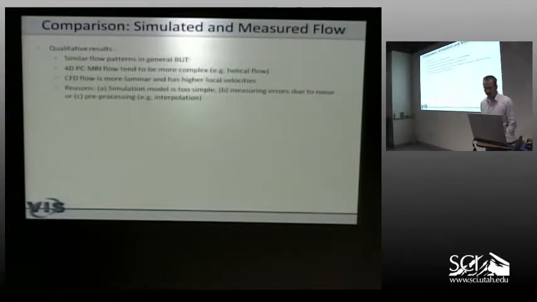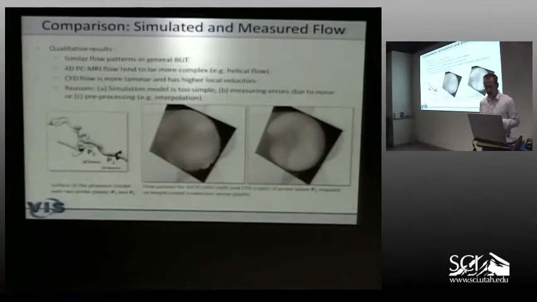That was a good situation, but the measured flow was more complex compared to the simulated flow, in particular where helical flow occurred. This could not be represented that well in the simulation. The simulated blood flow was more laminar, and it always has a bit higher local velocities. Why this is, is not completely clear. One cannot say this one is the correct one and the other is obviously a bit wrong. That is not quite sure.